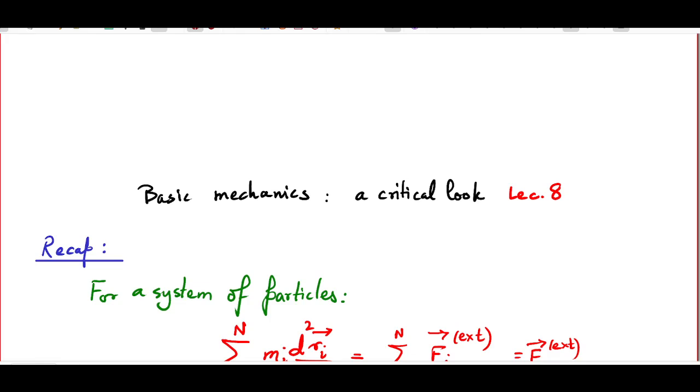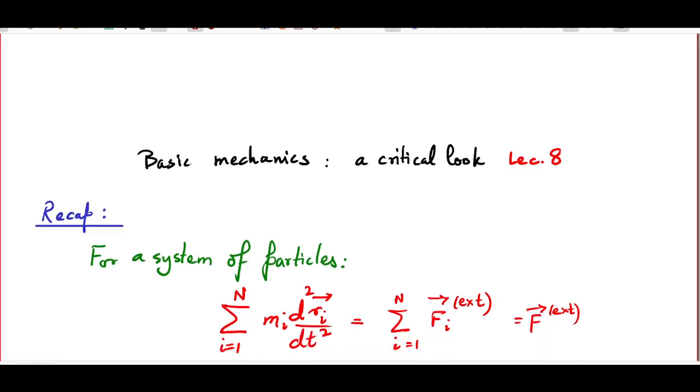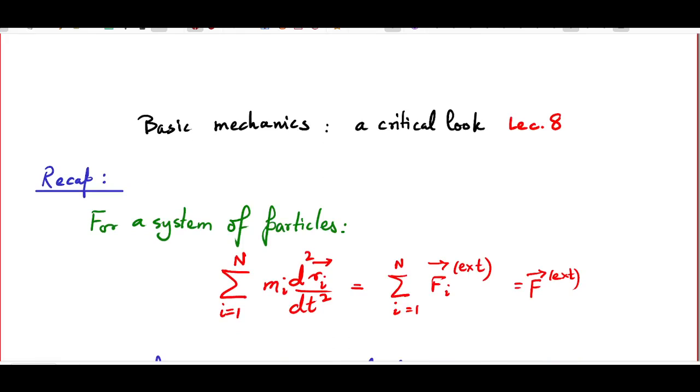Now let us recapitulate that we had already been talking over the last few lectures about the application of Newton's laws to a system of particles. And in particular, what we had shown is the following. If you have a system of capital N particles with masses m1, m2, m3, etc., with position vectors with respect to an inertial observer, r1, r2, r3, etc., again respectively, then the following holds.